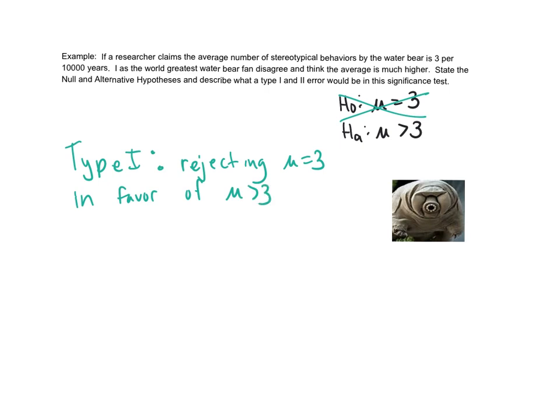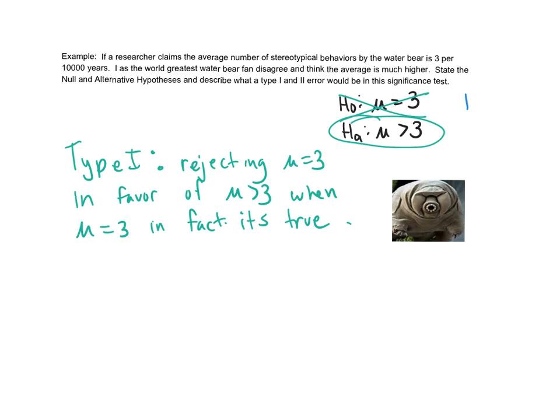We're basically saying the first one's false, evidence for this one, when in truth, mu did equal 3. Now again, we never really know what mu is, because mu is this parameter that holds for the whole population. So it's really difficult to know what it is. That's why it's hard to quantify type 1 and type 2 errors. But if you reject the null when it's true, that is a type 1 error.